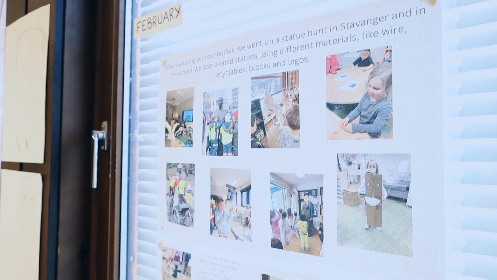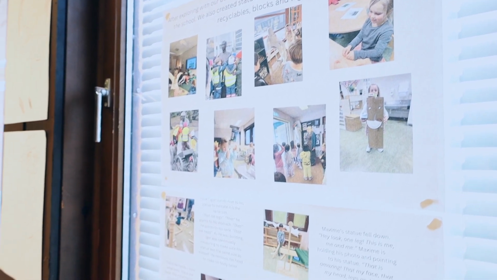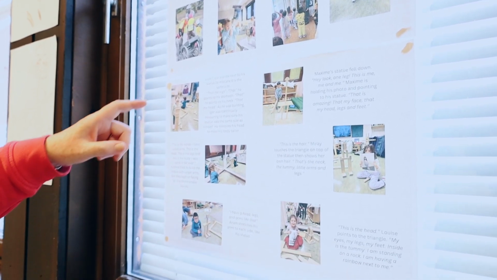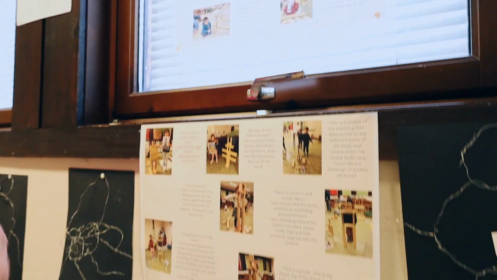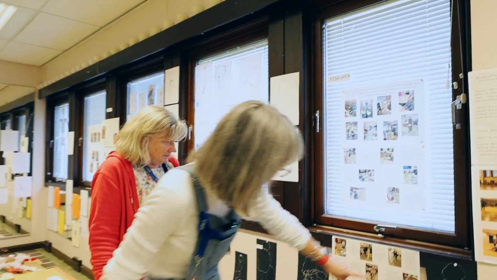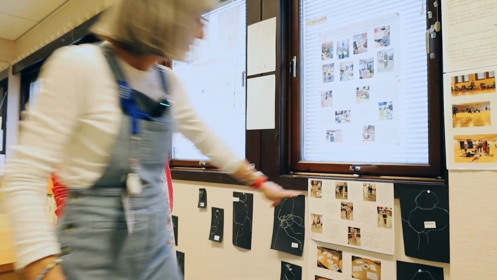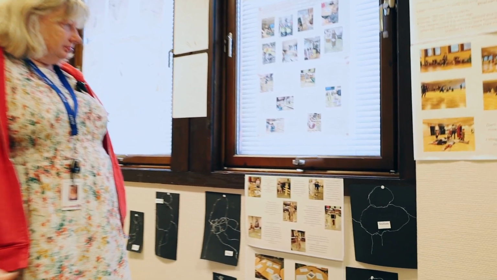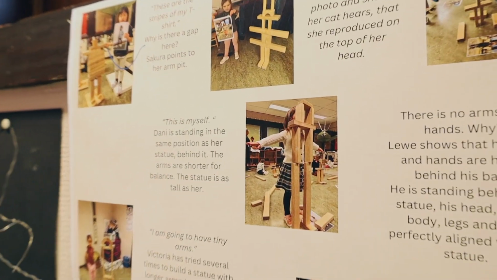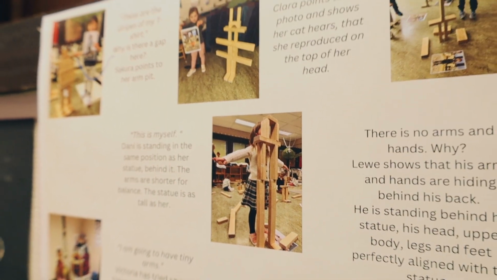They found it really hard to begin with because they couldn't move from the 2D to a 3D shape. But eventually they managed to make models of themselves, and it was an upright model rather than a flat model on the floor. Some of them were making sure that the size of the statue was the same height as they are. They struggled, for example, with balance, especially with the arms.